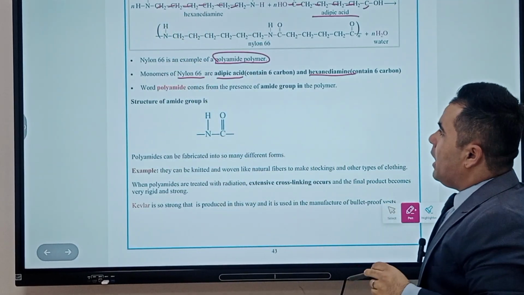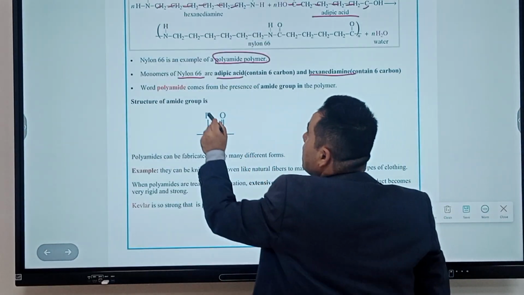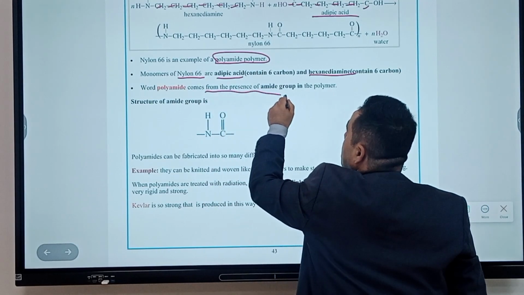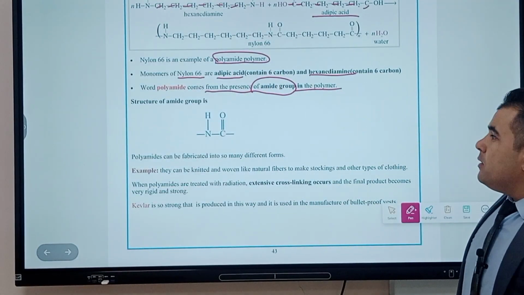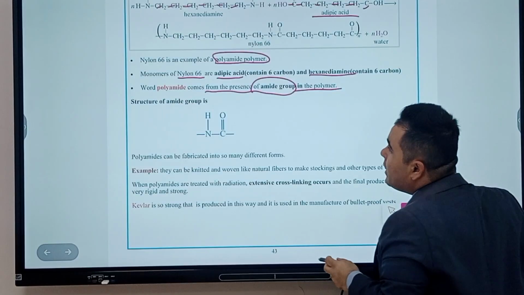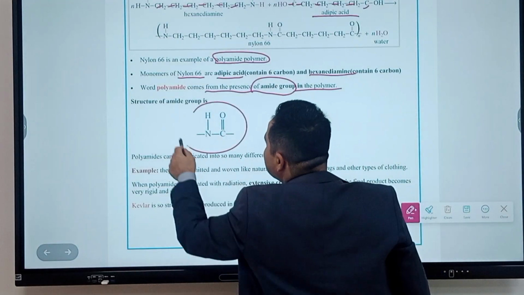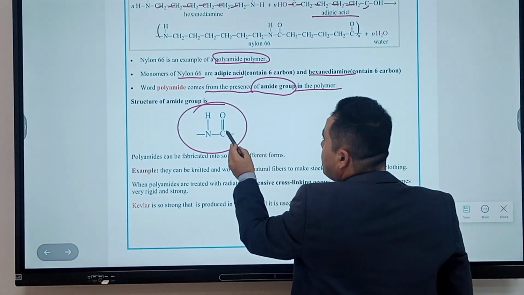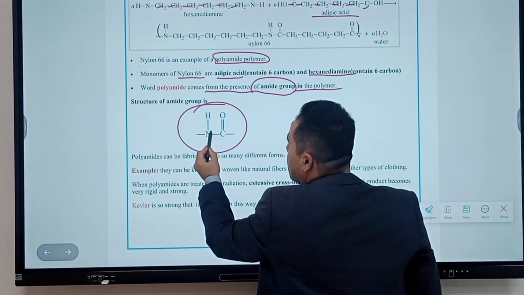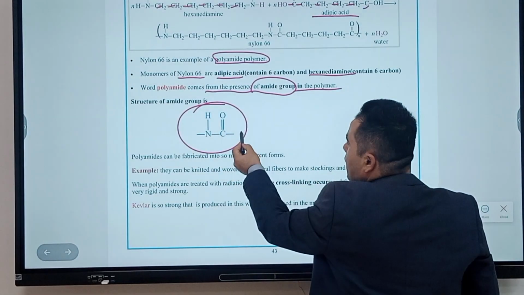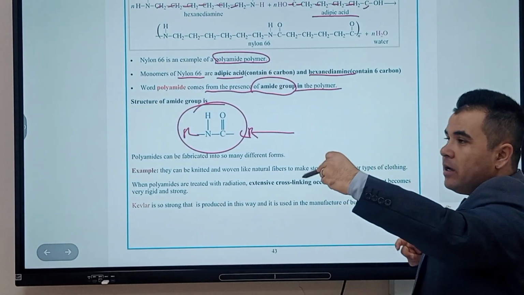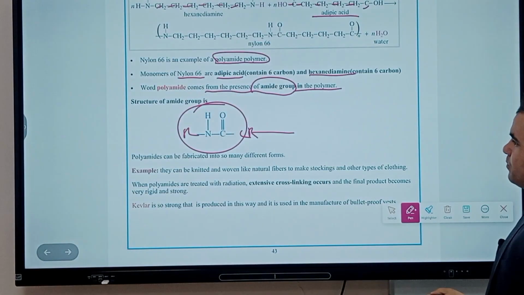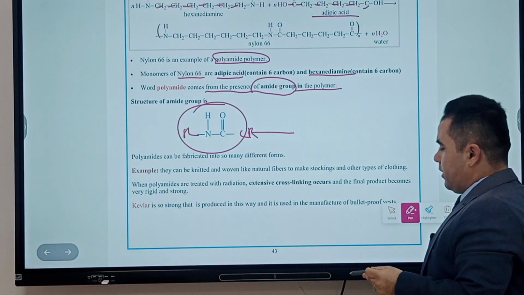The word polyamide comes from the presence of amide in the polymer. The amide group is this structure, with the carbon double bonded to the oxygen, nitrogen with the hydrogen, and then here we have R. The chains can be as long as possible.